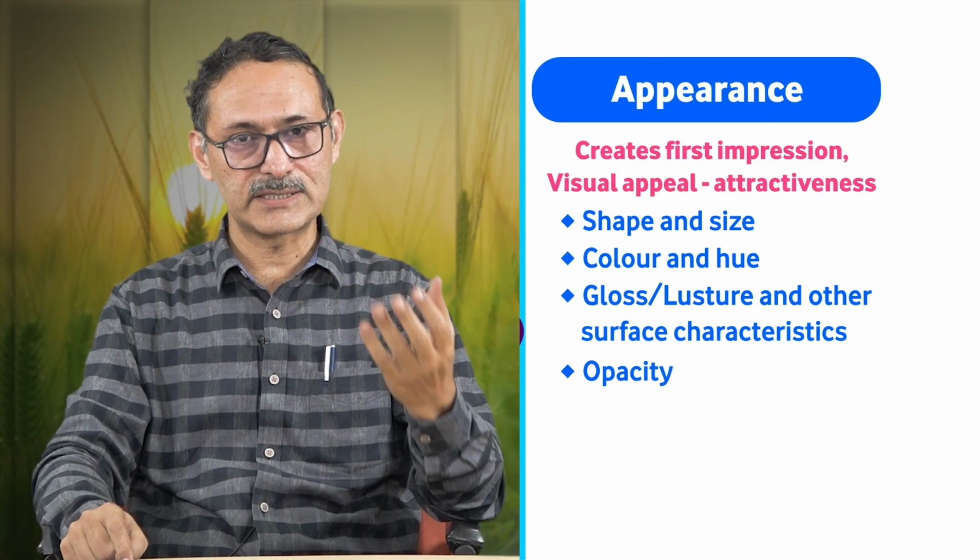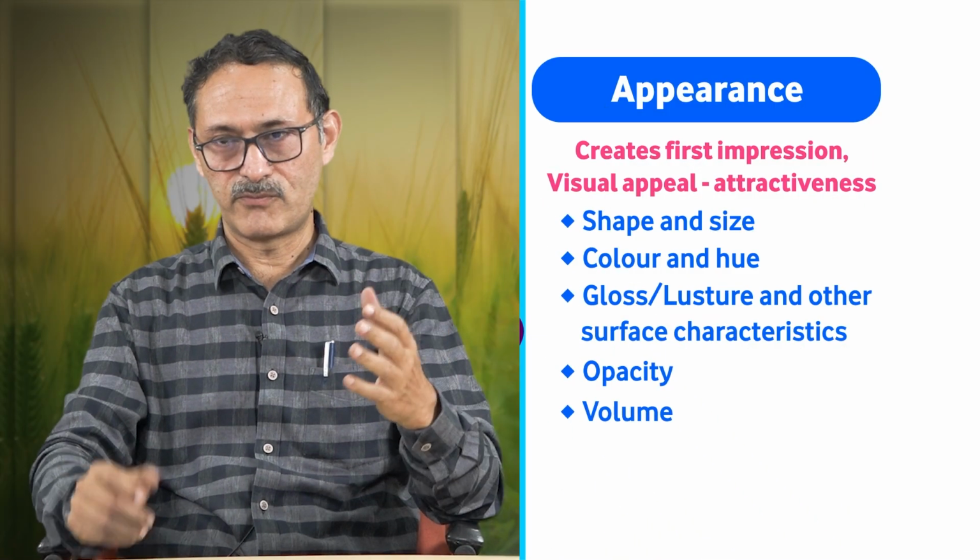So it is the first interaction of human with the food material. It creates the first impression, and even a buying decision sometimes depends on the appearance. So it creates the visual appeal for the consumers. The attractiveness of the product, its opacity, its volume.